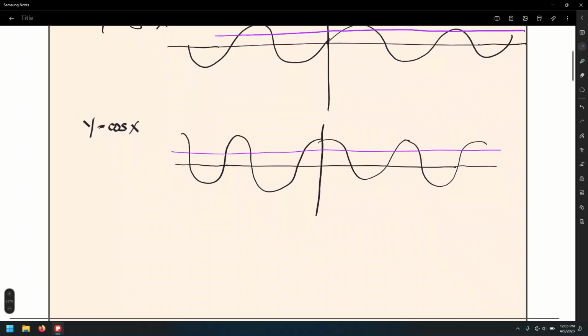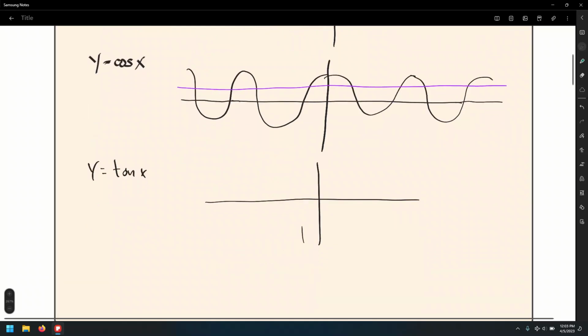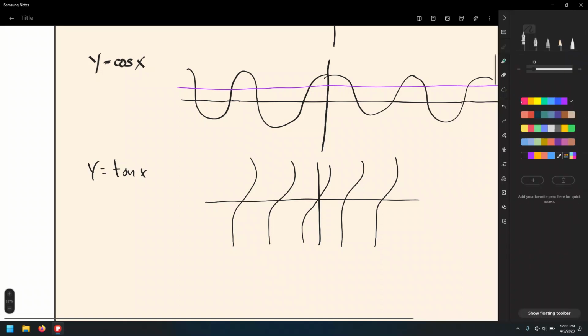And even though we skipped this section about tangents, y equals tangent has a graph that looks sort of like this, with these vertical asymptotes.